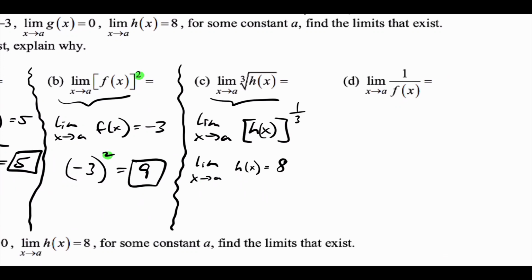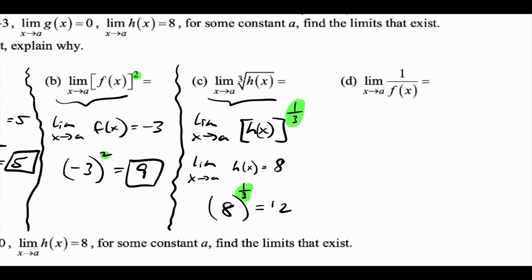So now I'm going to take 8 to the 1/3 power. What does 1/3 power mean again? What are the numbers that equal to 8? Third root, right? Yeah, third root. So what single value do I multiply 3 times that makes 8? 2. Done.